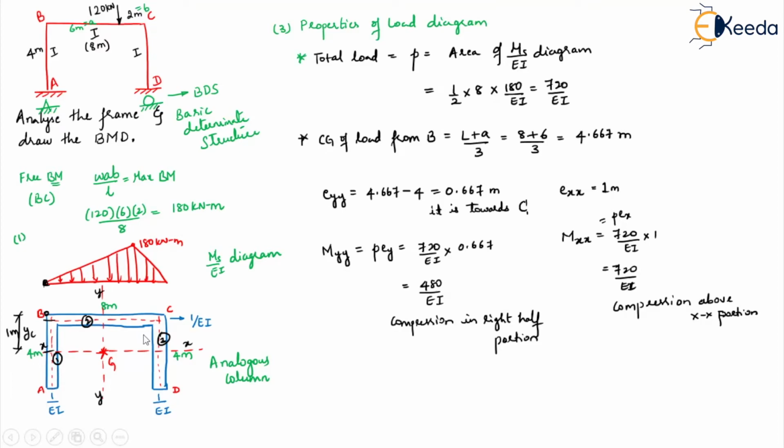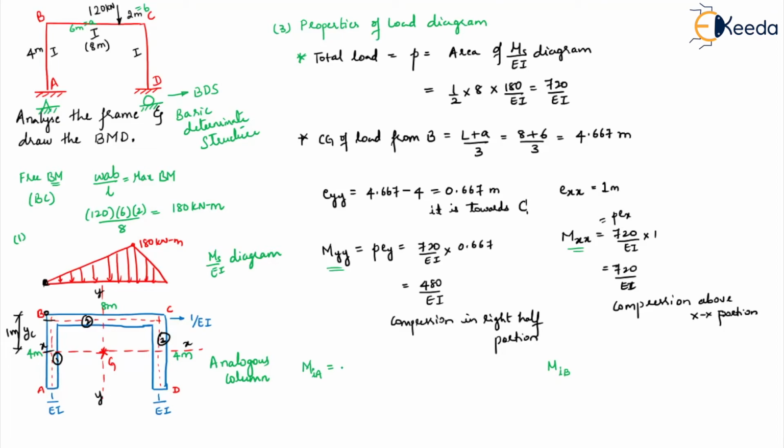Okay. Now after this, once we get the MXX and MYY, we have to find the moment of this loading diagram about every point, that is about A, B, C and D. Let me call it MIA, and here MIB.